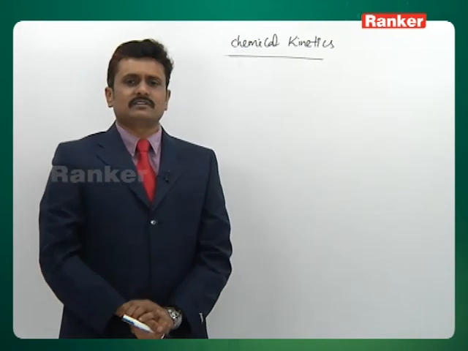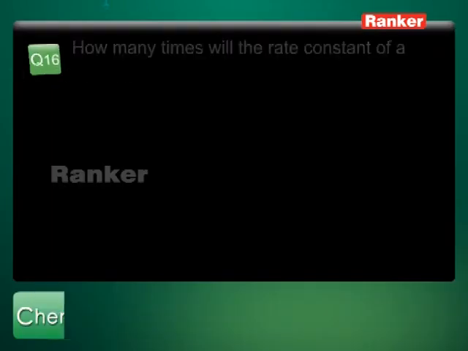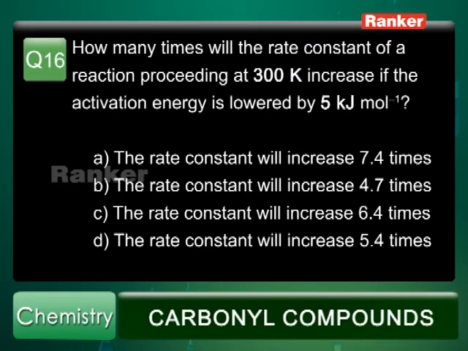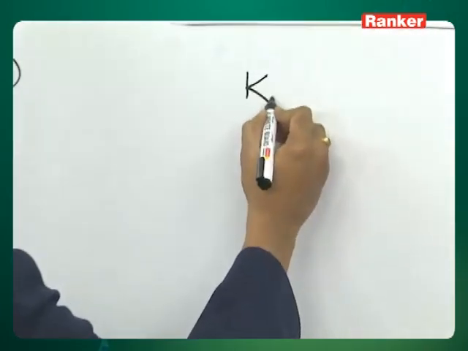How many times will the rate constant of a reaction proceeding at 300 Kelvin increase if the activation energy of the reaction is lowered by 5 kilojoule per mole? The question is to find the ratio of the rate constants by using the Arrhenius equation.